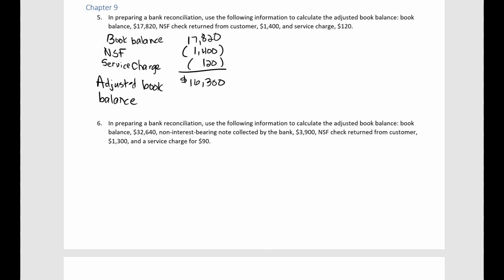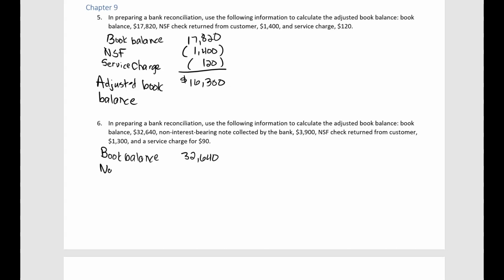Okay, 6 is similar. We just have a couple of different things in this one. So we're going to start off the same with our book balance of $32,640. Next, we have a non-interest bearing note collected by the bank of $3,900. So the bank collected money from a customer of ours.